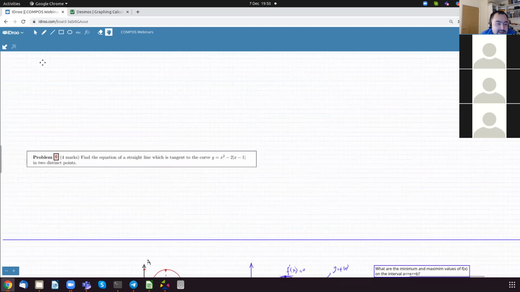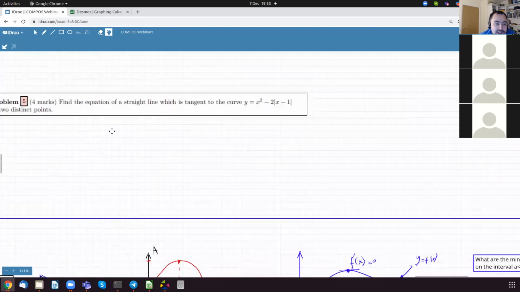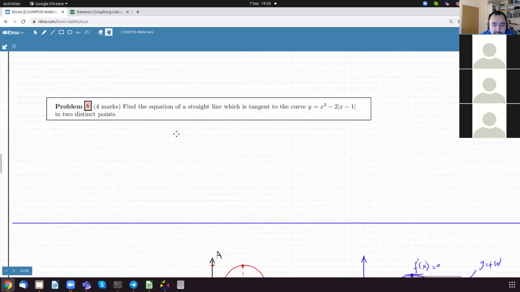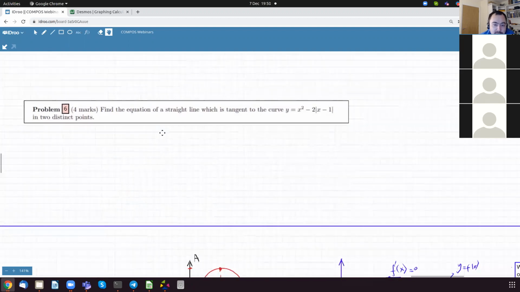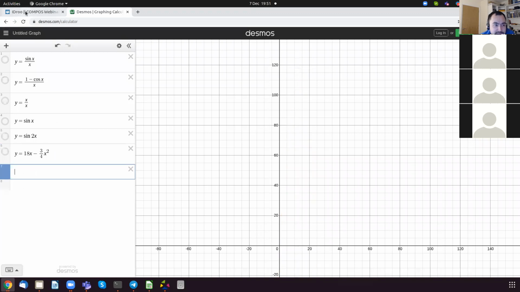Problem 6: find the equation of a straight line which is tangent to the curve y equals x squared minus 2 modulus x minus 1. Now, one of the toughest things you need to do here is actually plot this graph. But you have a fantastic tool to plot any graph, so feel free to use it.